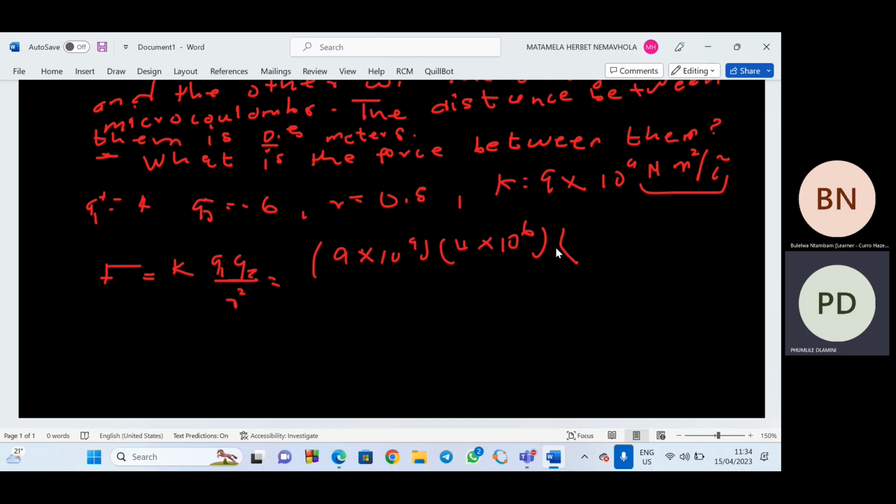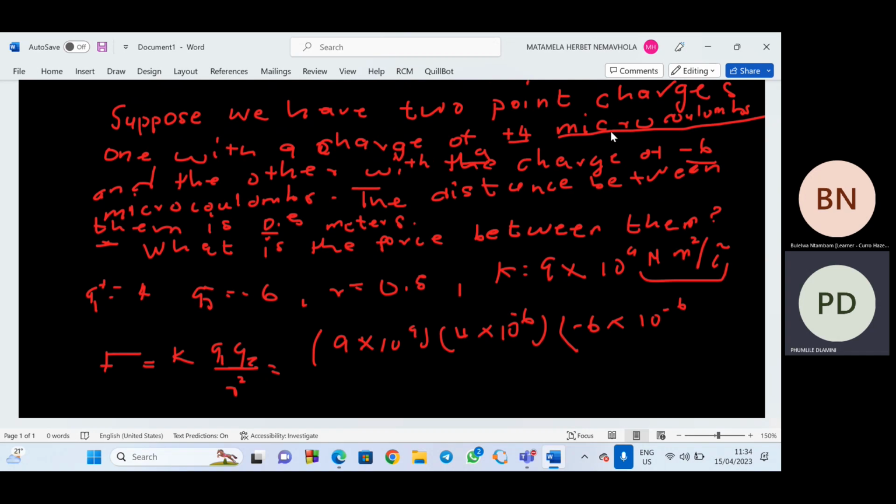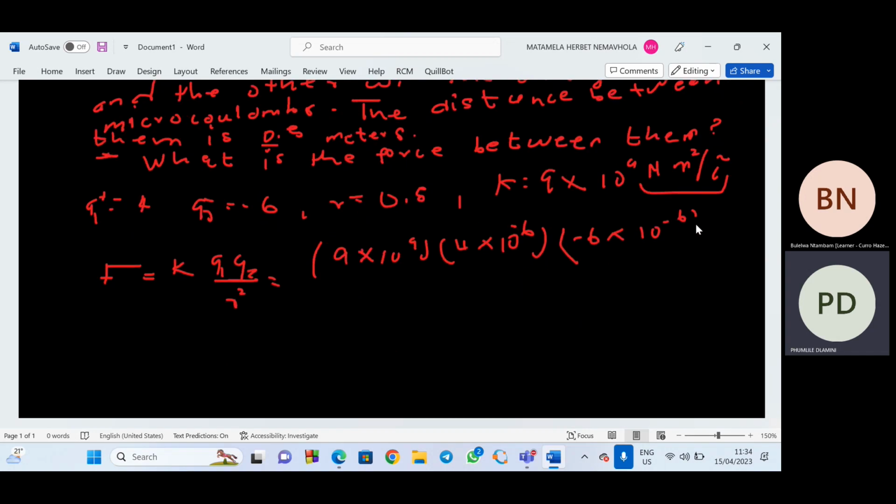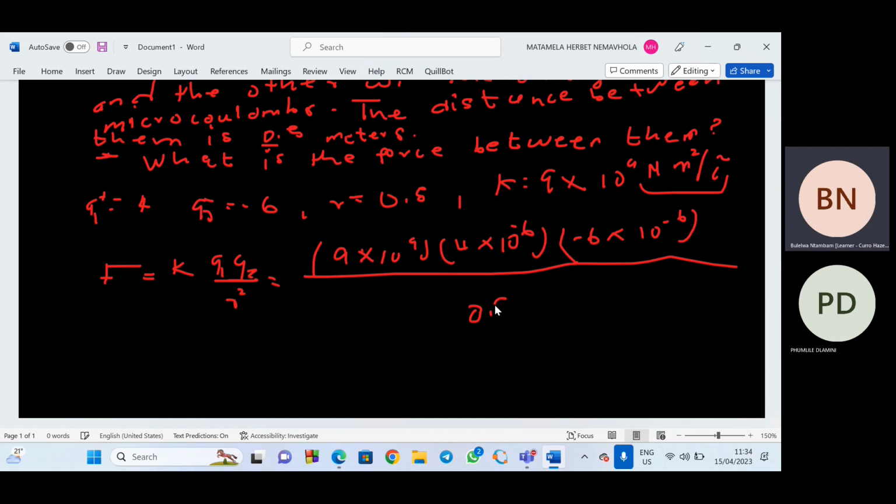The other one we have is 6 microcoulombs, which is going to be 6 multiplied by 10 to the power negative 6. Remember, microcoulombs equals 10 to the power negative 6. Then you divide by your R. Our R is 0.5, and our formula says squared, so you square it.